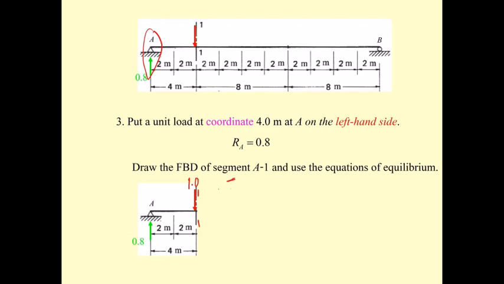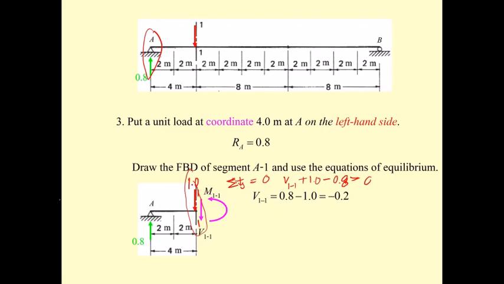And then you do the same. You have the shear and moment, and you do the summation of the force equal to 0. And then you have V1-1 plus 1, both of them downward, and then minus 0.9 and minus 0.8, equal to 0, and then you get minus 0.2.